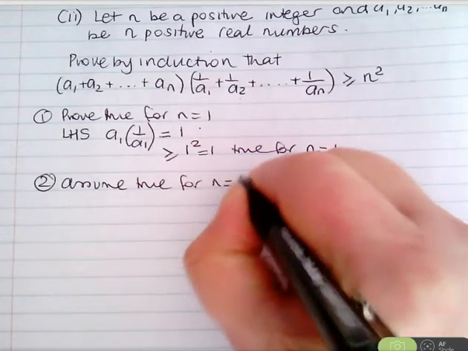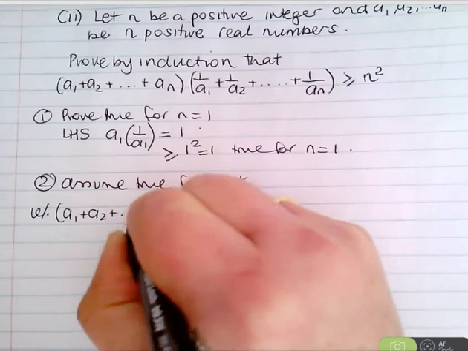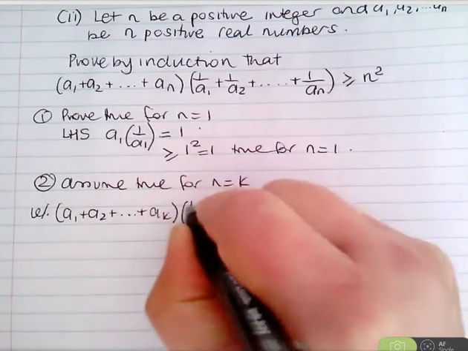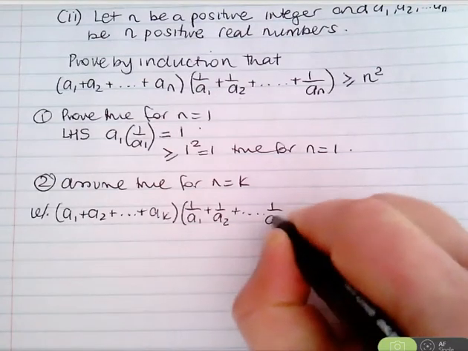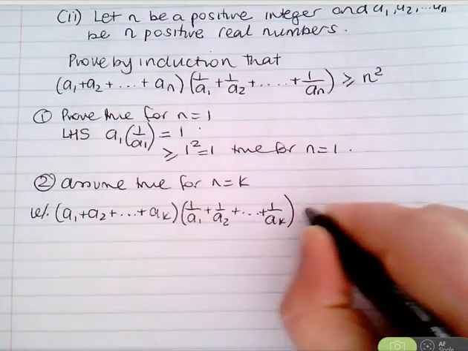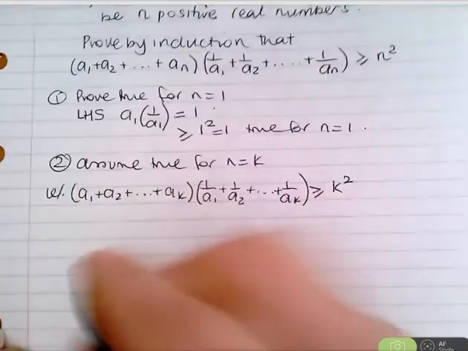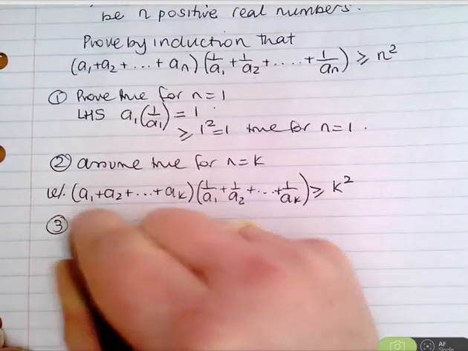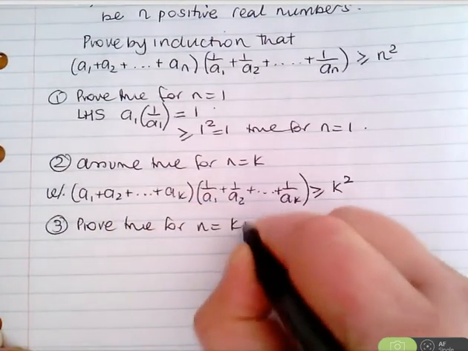for n equals k. That is, we're assuming that a1 plus a sub 2 plus all the way up to a sub k times 1 over a sub 1 plus 1 over a sub 2 plus all up to 1 over a sub k is greater than or equal to k squared. And step 3, prove true for n equals k plus 1.